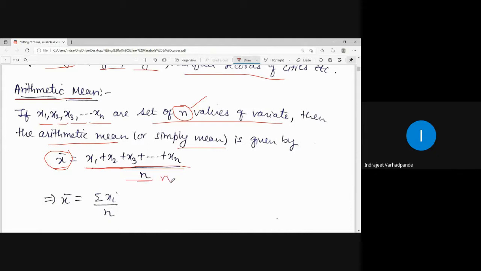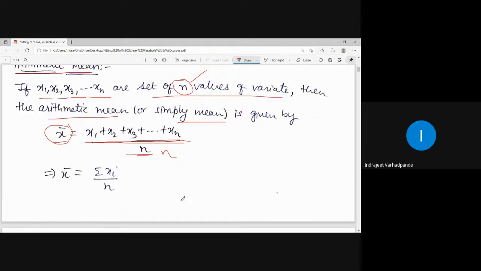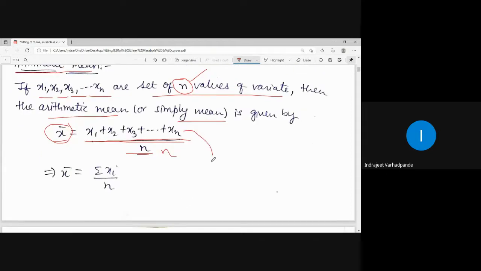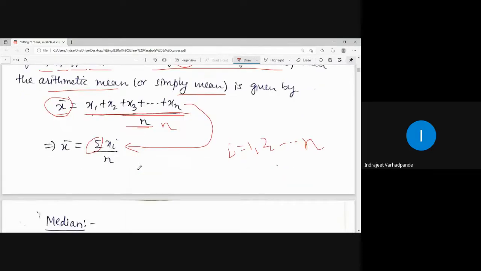The total number of observations is denoted by n, and mathematically this is written as summation of xi upon n, where i varies from 1, 2, 3 up to n. So n values of observations are available, and we sum all of them. This summation sign signifies addition, right? So x bar will be summation of xi upon n, that is, the sum of all the observations divided by the total number of observations.